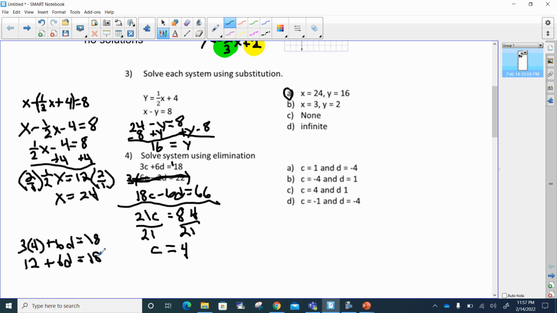Okay. Now I can combine like terms on opposite sides, which means I'll subtract 12. It's going to leave me 6d is equal to 6.